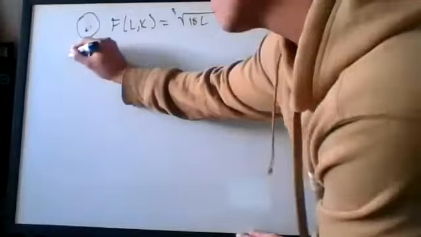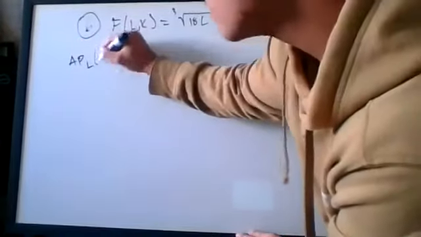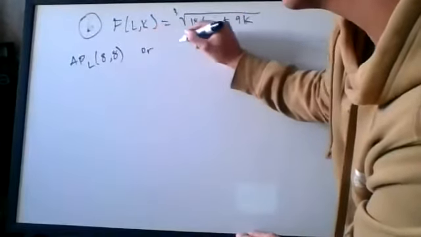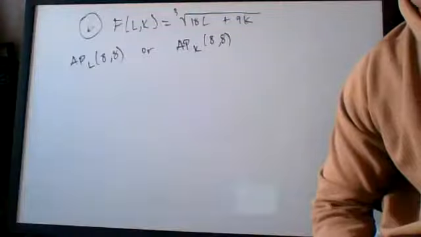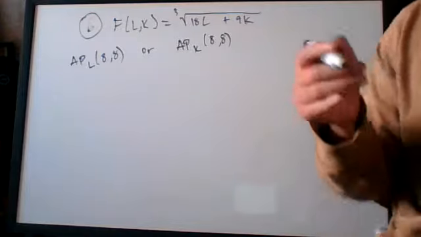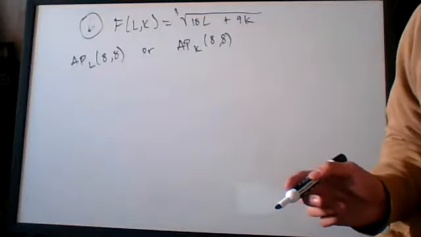And we're asking, is average production of labor at the (8,8) bundle greater, or is average production of capital at the (8,8) bundle greater? So how do we go about this? Well, average production of labor is actually not very complicated.